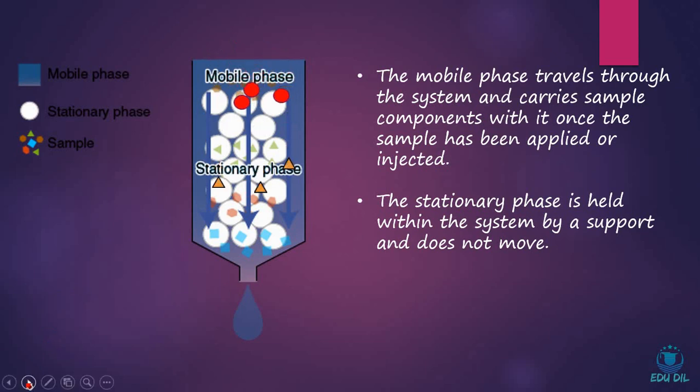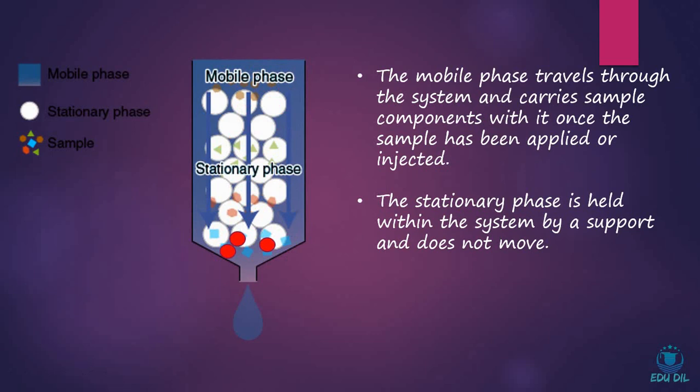Now, you can see some components move quickly. How does this happen? As the sample components pass through the system, the components that have the strongest interaction, which here are the circles, have the strongest interaction with the stationary phase.